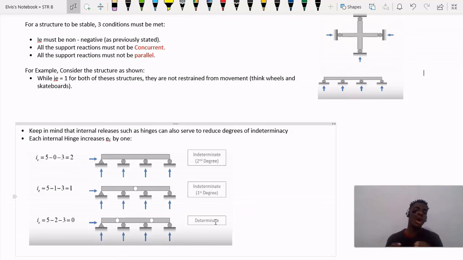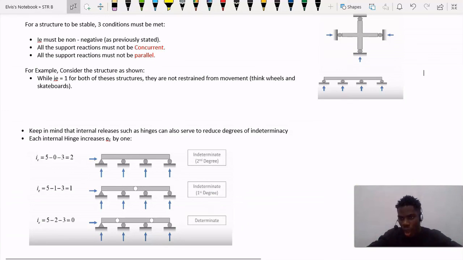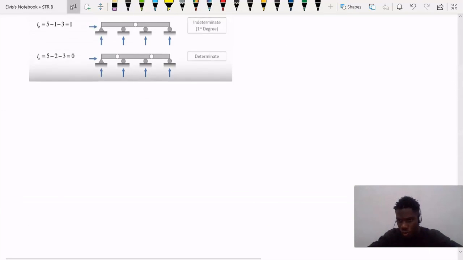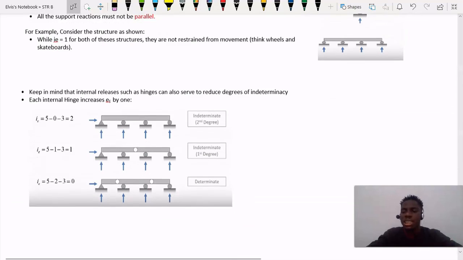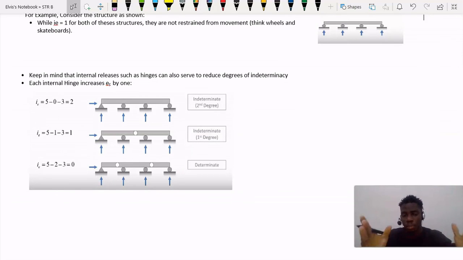Okay, guys, so now this is where we are going to call it. In the next lesson, we're going to analyze beams. We're going to be analyzing a structure that is determinate, that is, we are going to have 3 unknown forces and 3 equations of equilibrium.